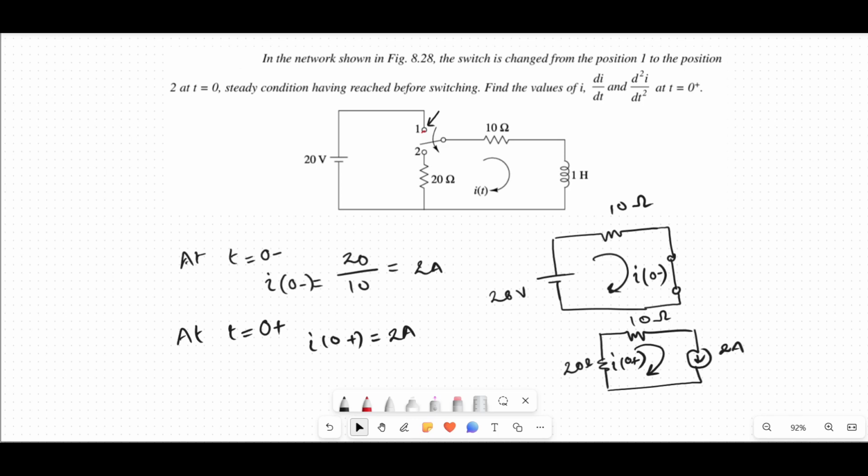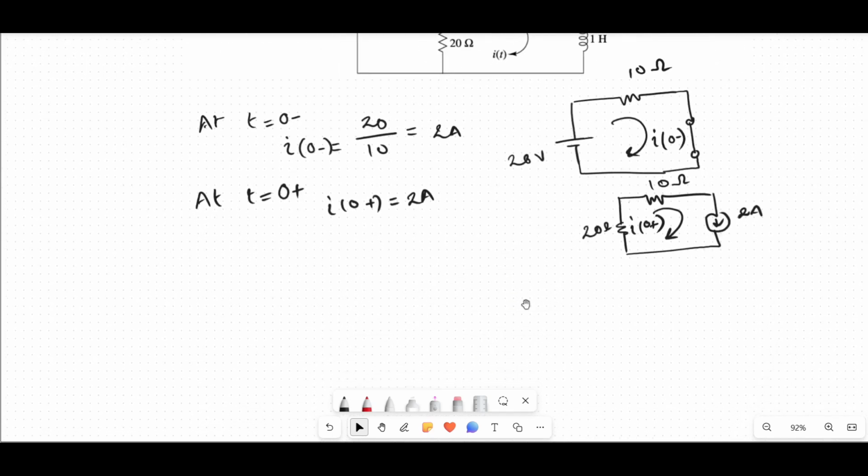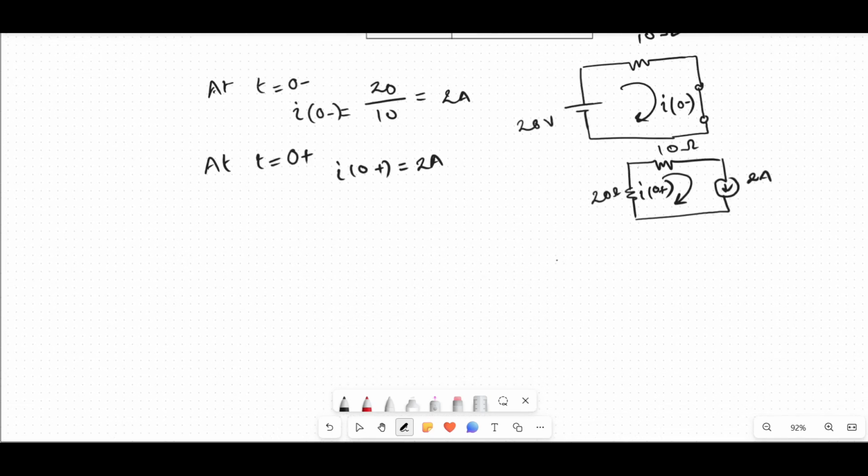Now let's move ahead and write down the KVL equation. For writing the KVL equation, first let us draw the circuit. In the circuit, we will have the 20 ohm resistor, the 10 ohm resistor, and, as we know, during steady state, an inductor in parallel with a current source.